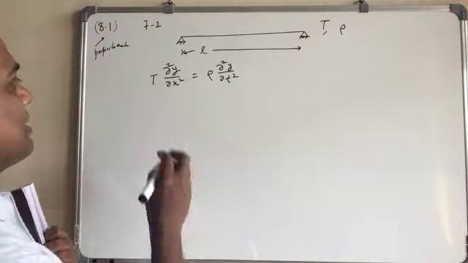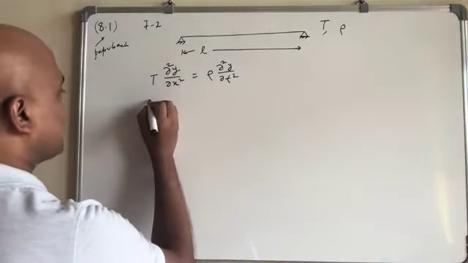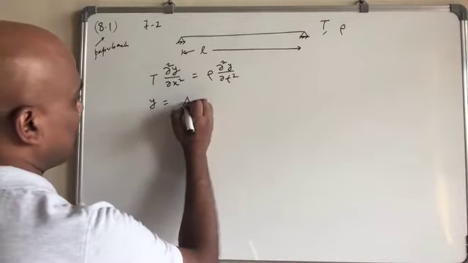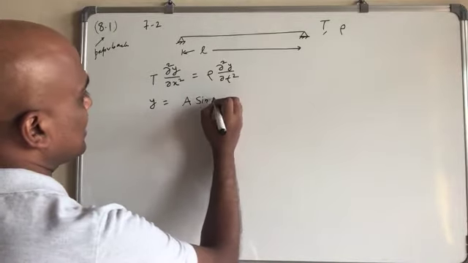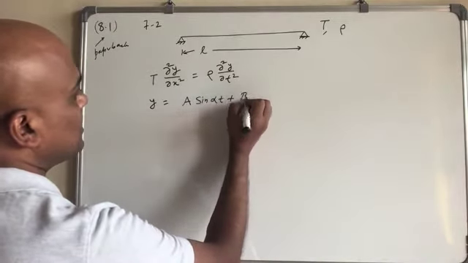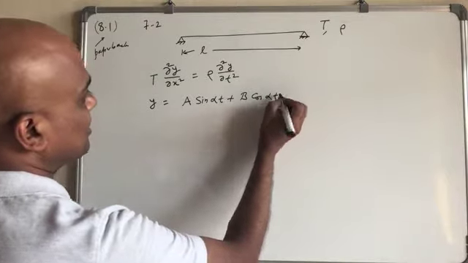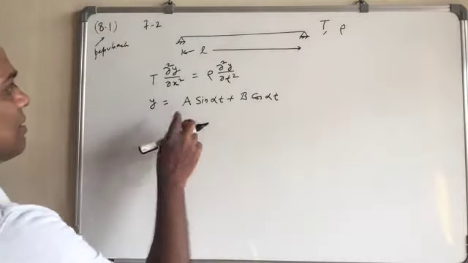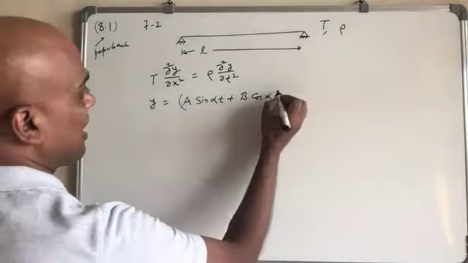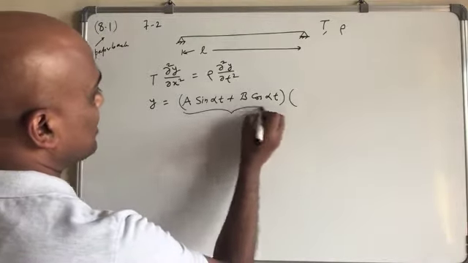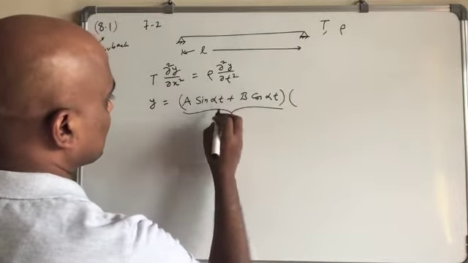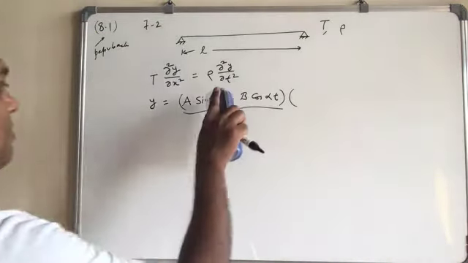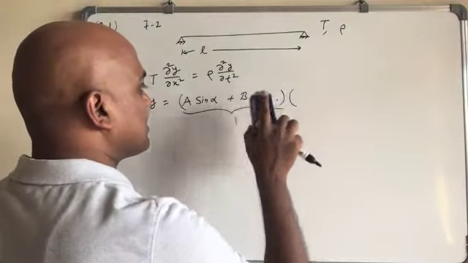The solution, as we found, will be some sort of a sine alpha x plus b cos alpha x, multiplied by, there were two parts. Just a minute, it should be x here, alpha x.